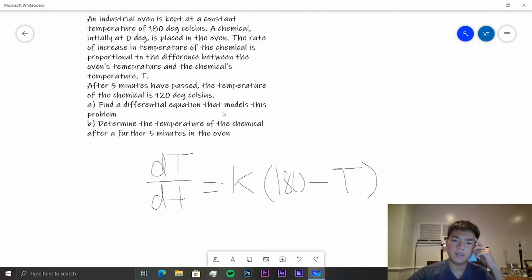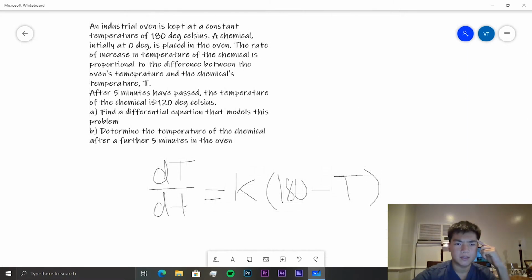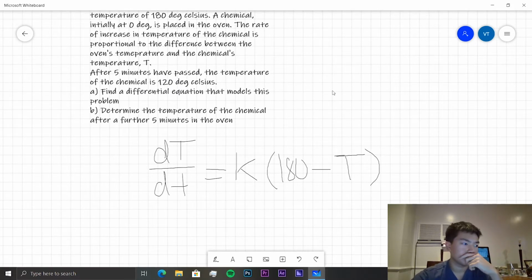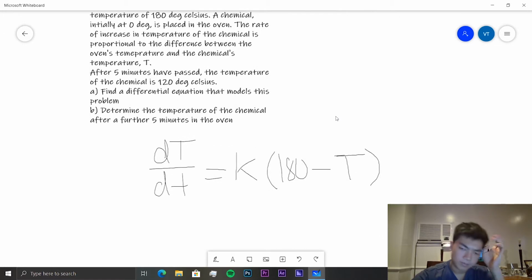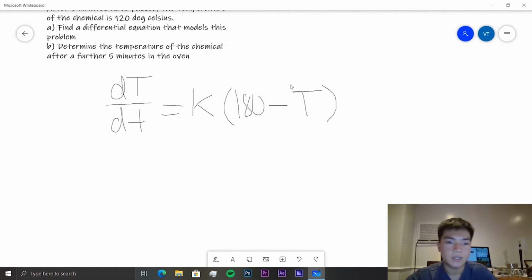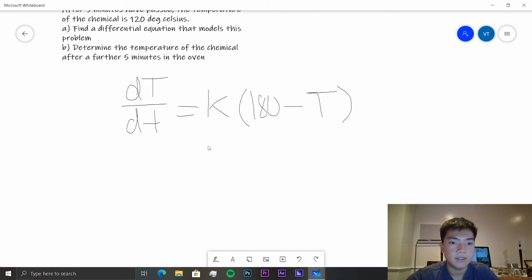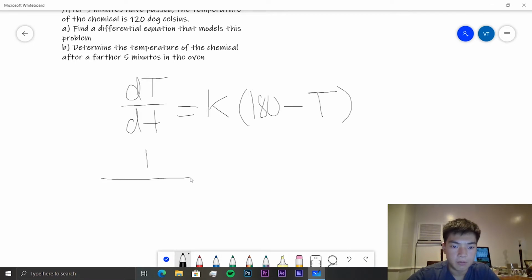Actually, can we just solve the differential equation? Okay, so let's try and solve this. We get 1 over (180 minus T) dT is equal to k dt.